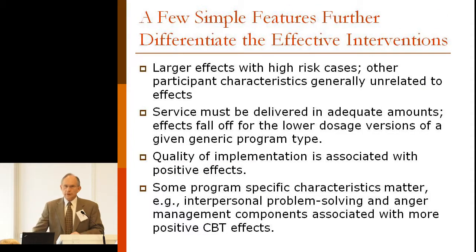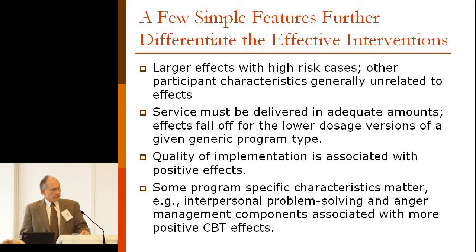To make a long story short, there are some very broad characteristics that account for a good bit of that variability. One has to do with the risk level of the juvenile offenders. High-risk cases show bigger effects than low-risk cases. Implication: target your intervention on the high-risk offenders. Service dosage matters, surprise.